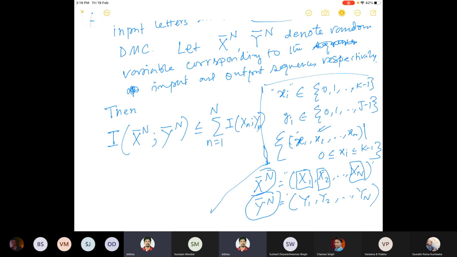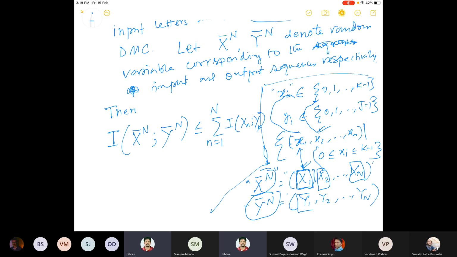So what does it say? If I consider this joint random variable as a whole, because X bar n means all possible realizations of, say, X1, you are treating it as a random variable. X1 can take any value from this set. Similarly, X2 is a random variable, because X2 can take any value here, from 1 up to k minus 1. So each Xn is a random variable.